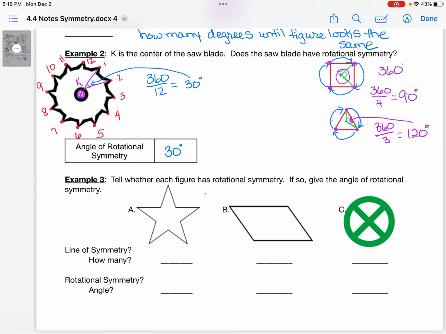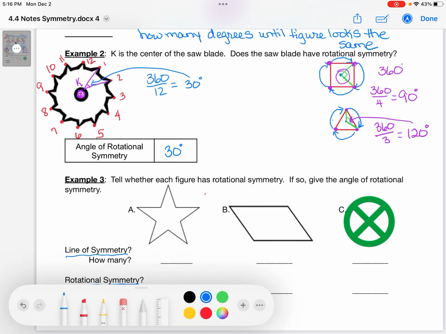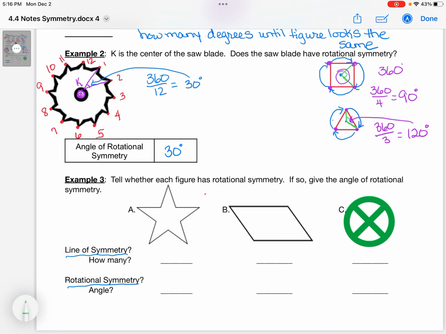Okay, so now we're going to do both. And you need to remember when you're doing your practice to pay attention to if you're doing lines of symmetry or rotational symmetry, because they're different. All right, lines of symmetry for this star. It's looking pretty perfect. It's looking pretty even. I know I can draw a line right here.